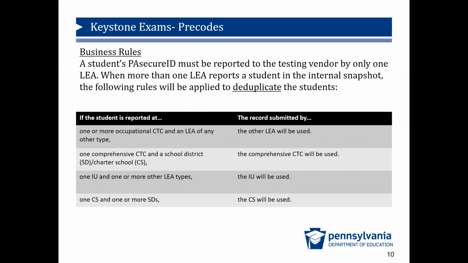A student's PA Secure ID must be reported to the testing vendor by only one LEA. When more than one LEA reports a student in the internal snapshot, the following rules will be applied to deduplicate the students. Please review these student scenarios to help determine proper attribution.